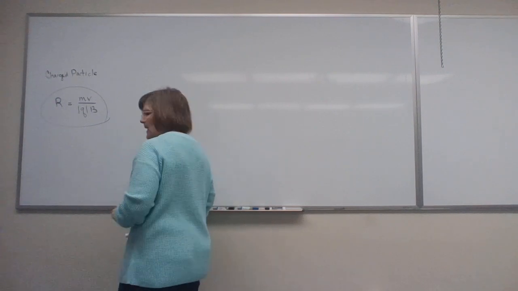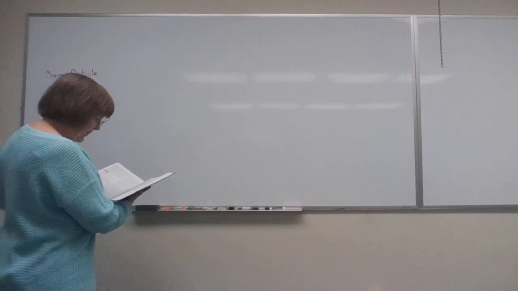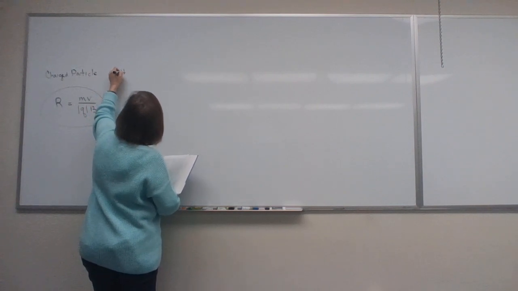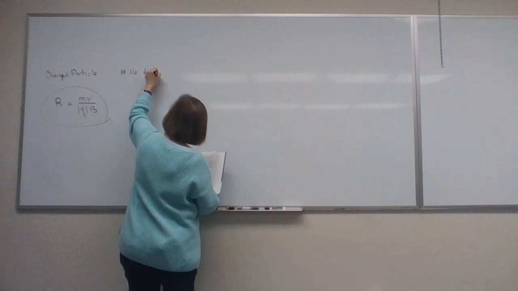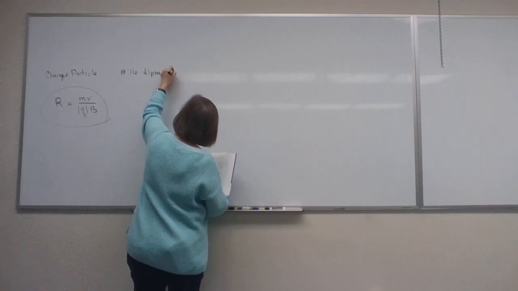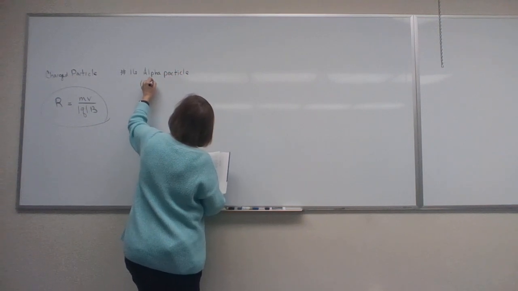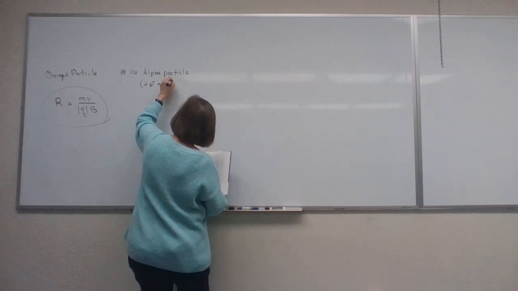All right, let's look at a problem. I have problem 16 circled. So let's try problem 16. Problem 16 says an alpha particle. An alpha particle is basically 2 protons plus 2 neutrons.